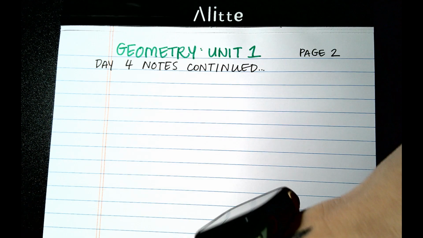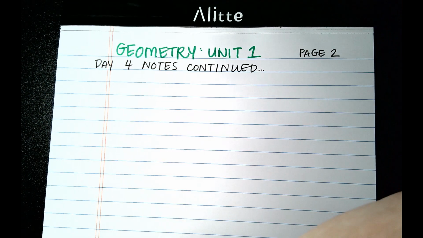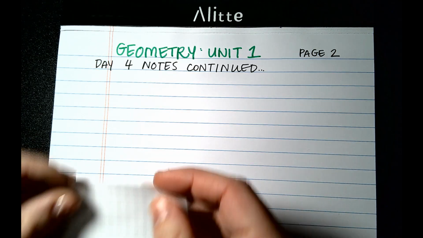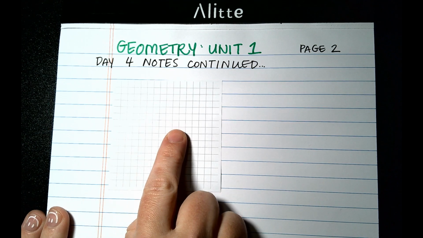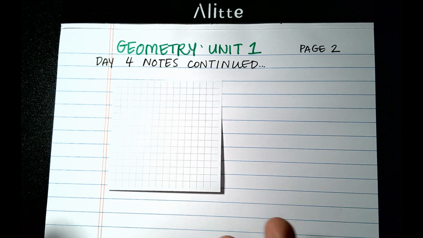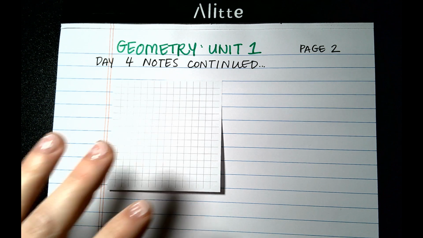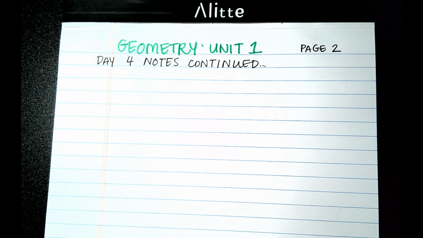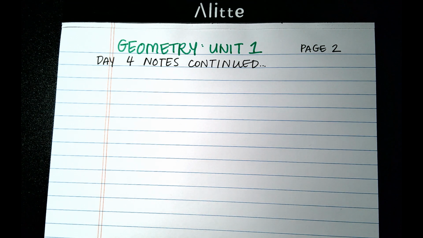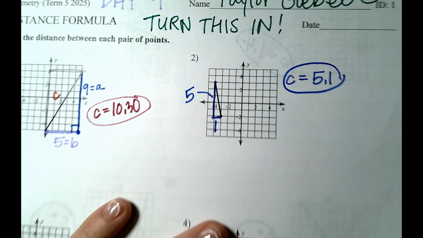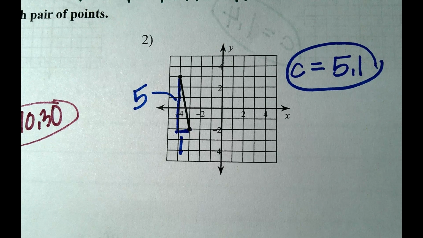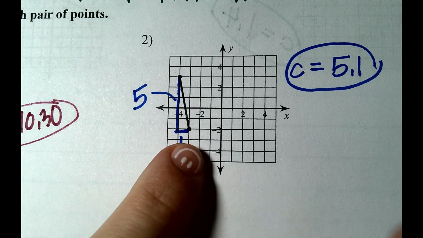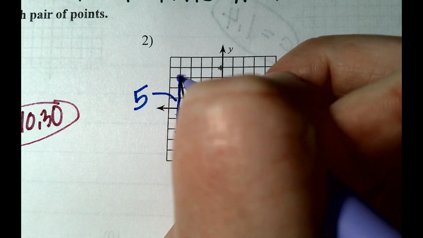So if I had a graph like this, and there were points on it, we would be able to name those points as coordinates. Let me actually just use that last paper so that we can see what's going on. For example, let's say I wanted to name this point.